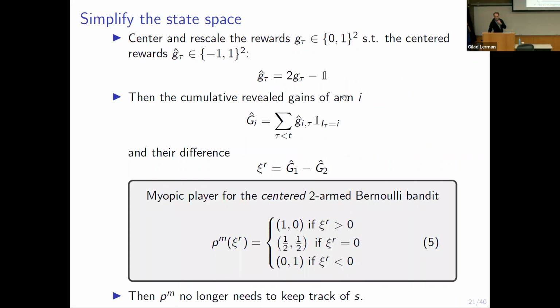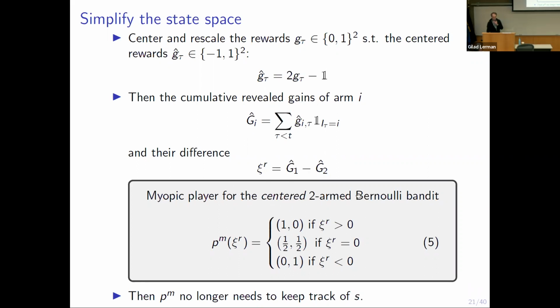Now if we rescale this, so we look at the centered rewards from -1 to 1, we just multiply by 2 and then subtract the vector of ones. Then we get cumulative centered gains from each arm. CR is their difference, R for revealed.